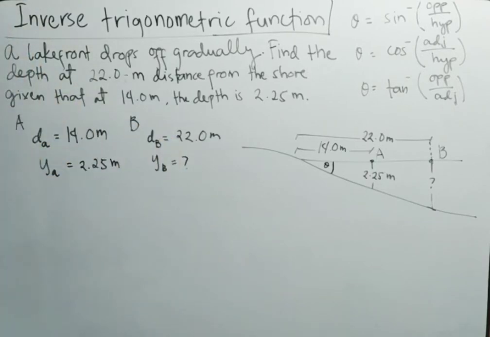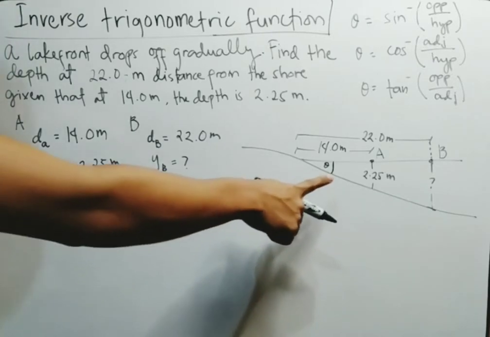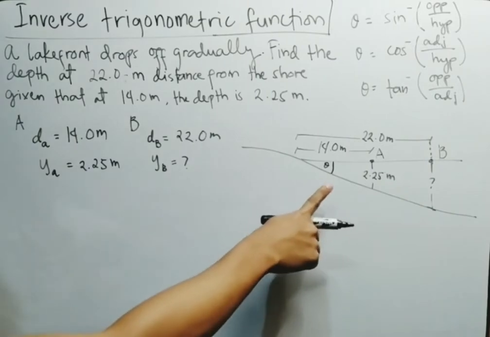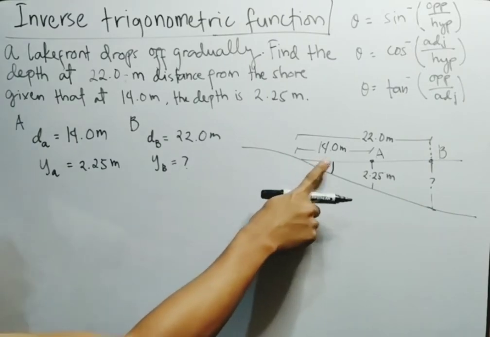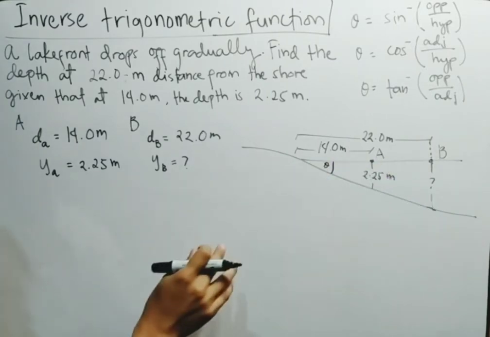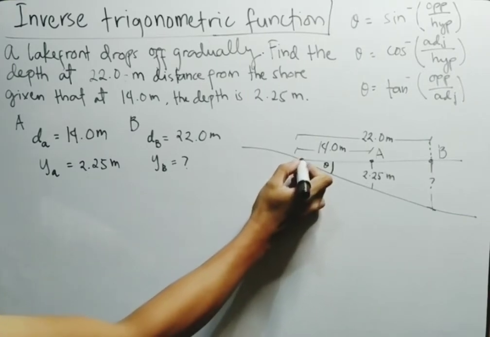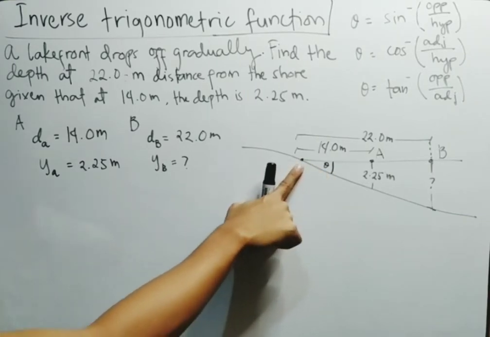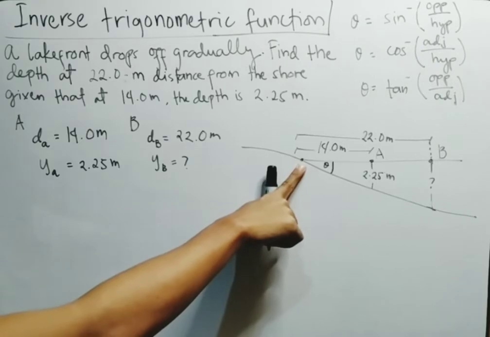Okay, so how we are going to solve this problem? So kung titingnan natin ang ating illustration, makakabuo tayo ng triangle mula sa position A and position B. Okay, provided that ito ang kanilang common point.